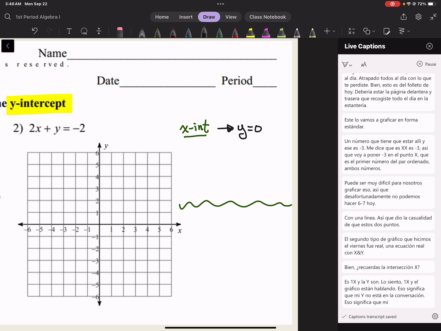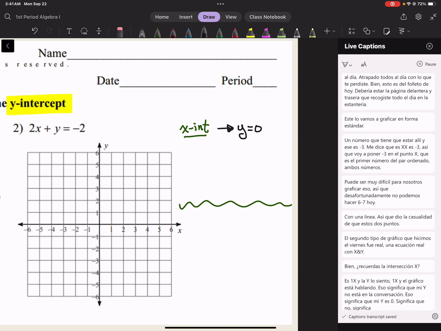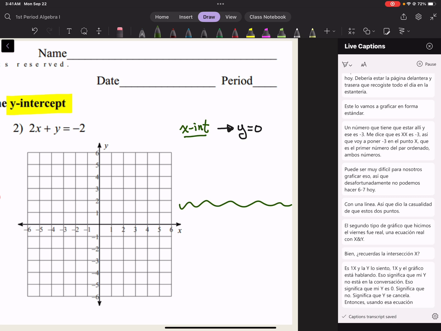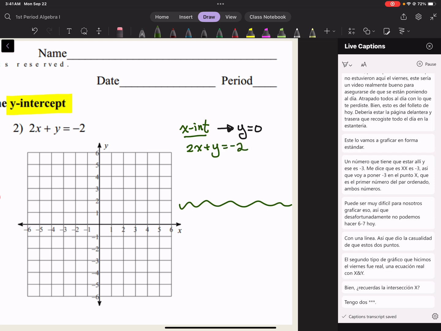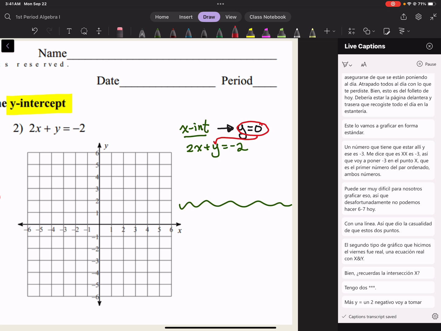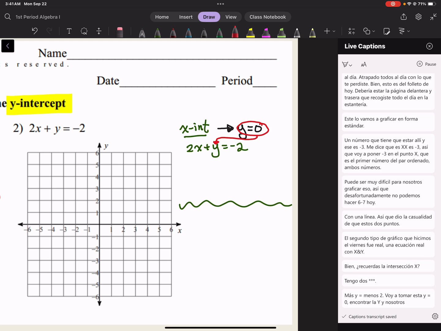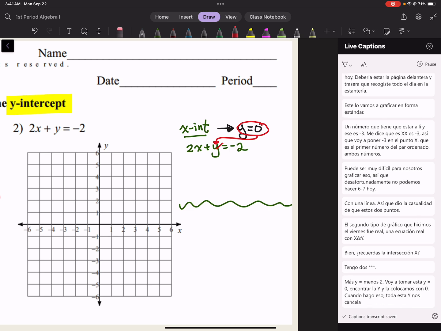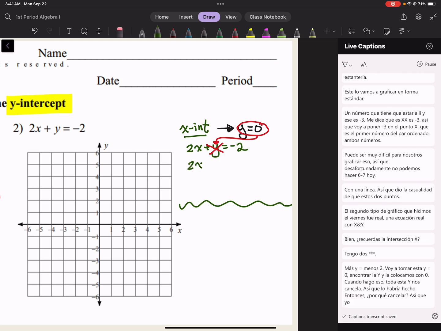It means that y gets canceled out. So using the equation, I have 2x plus y equals -2. I'm going to take y equals 0 and replace y with 0. When I do that, this whole y cancels out. So I would end up with 2x equals -2.